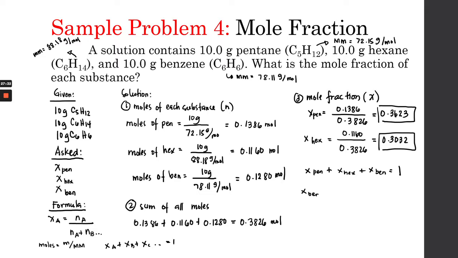Therefore, the mole fraction of benzene is 1 minus the mole fraction of pentane minus the mole fraction of hexane, which is 1 minus 0.3623 minus 0.3032.